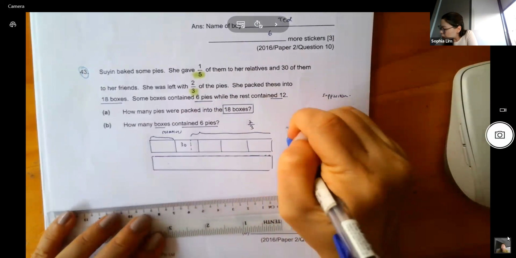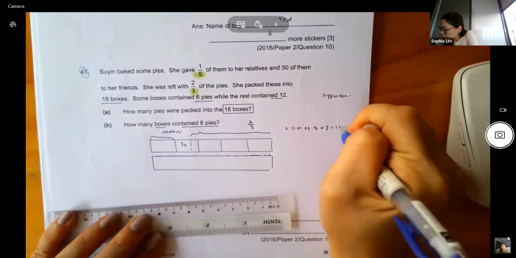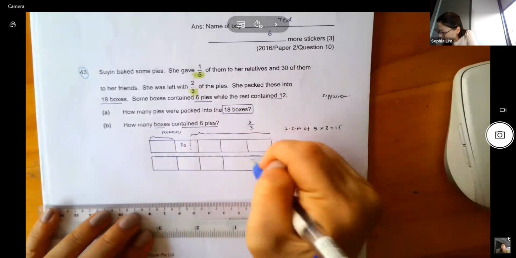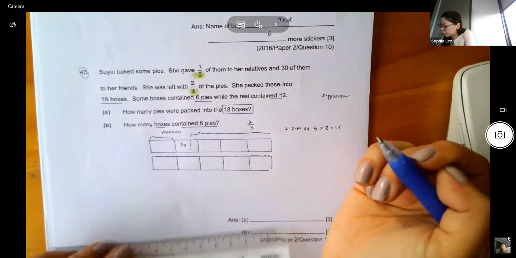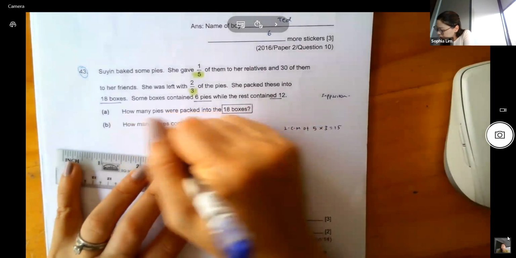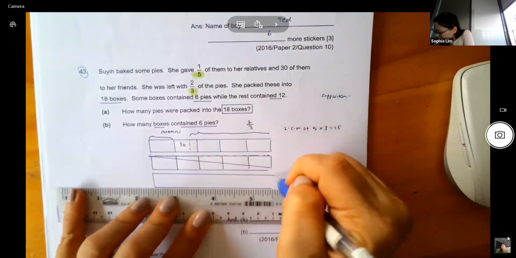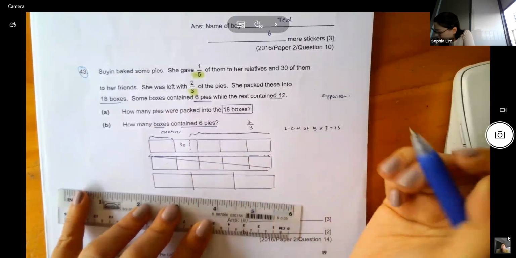So what is the lowest common multiple of 5 and 3? It is 15. So never mind, I draw out first. My apology, I drew wrongly. Let me redraw this. Because this one I need to divide into 3 big portions. 15.